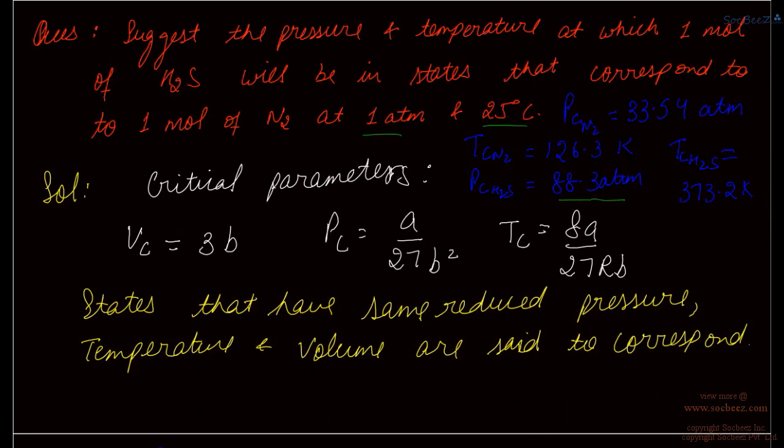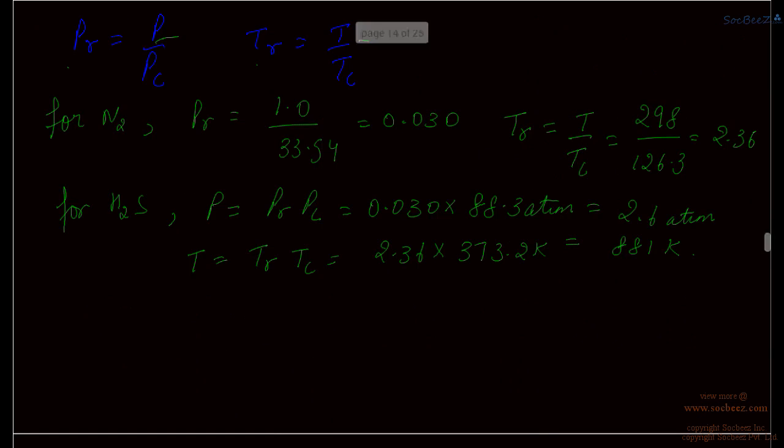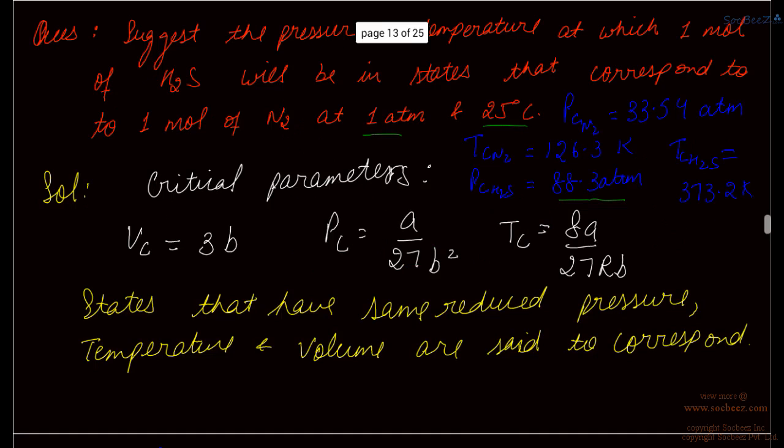And now we can say that at a pressure of 2.6 atm and a temperature of 881 Kelvin, H2S gas corresponds to that of nitrogen, which is at 1 atm and 25 degrees Celsius.